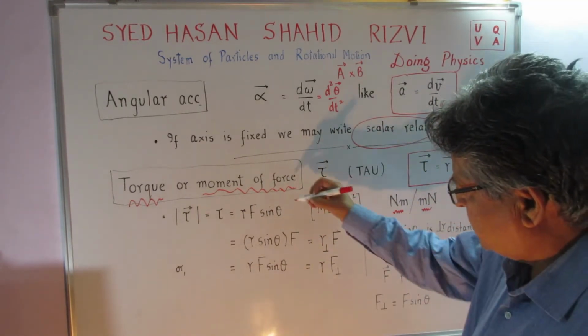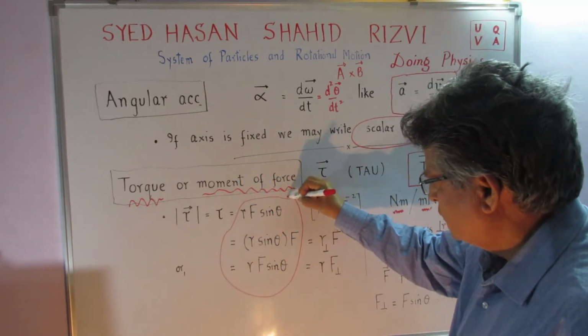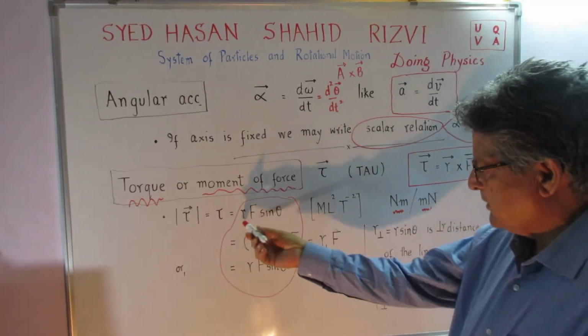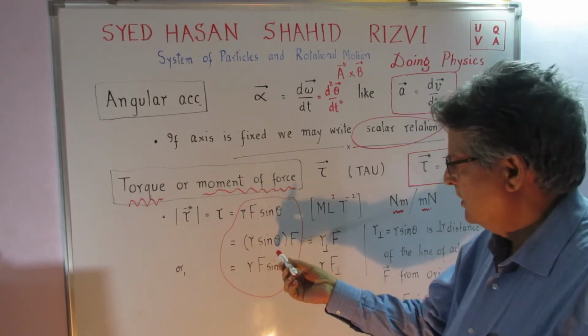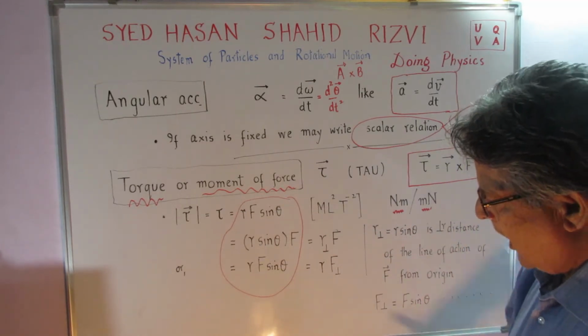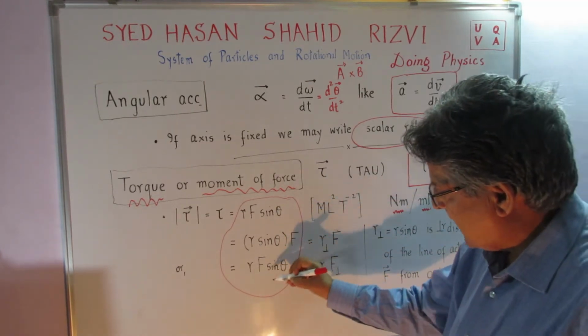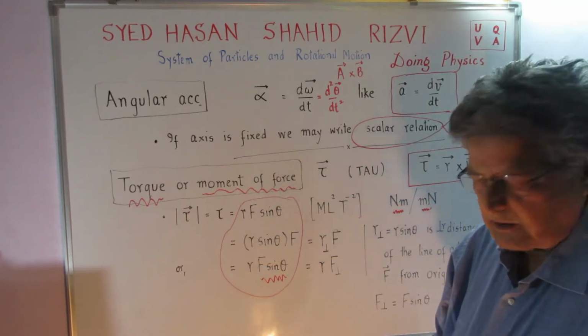And this can be expressed in two ways. Either we can just take r sine theta in toto multiplied by the magnitude of the force, or I can multiply this F sine theta with r.